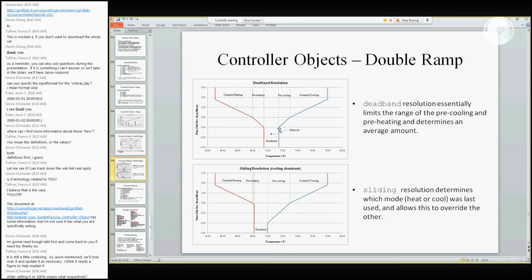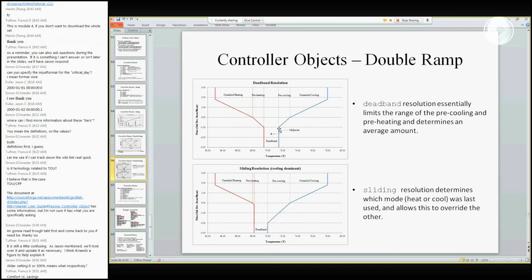So a slider setting of 0 to 100% is basically comfort versus savings, where 0% is very comfortable. Basically, no matter what price does, you will not move your set point, whereas 100% means it's our best guess at what the most responsive customer might be.